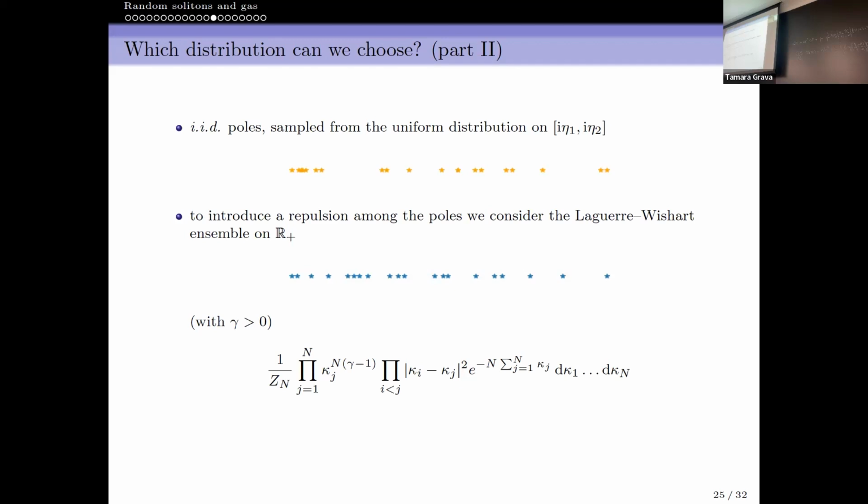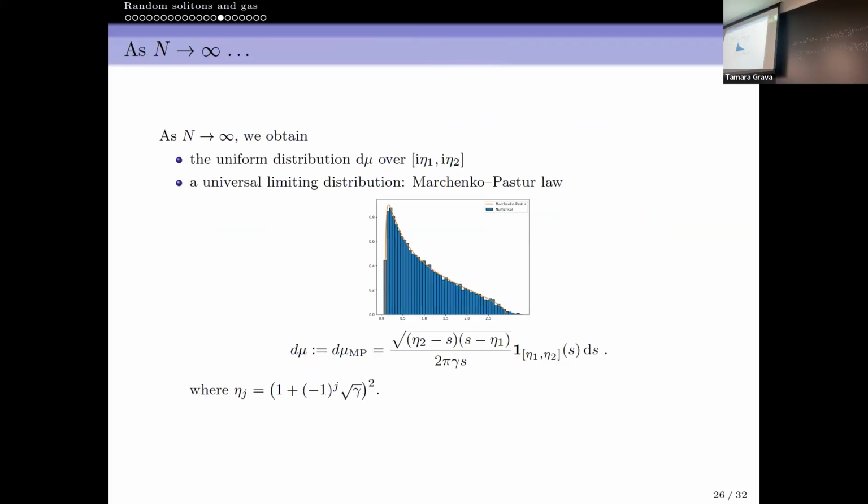To avoid this, we take a Laguerre so that there is repulsion. This is the position of the poles. And this is the limiting distribution of the Laguerre, supported on a compact interval, and the limiting distribution of the poles is a uniform distribution in this interval where I choose to have my poles.